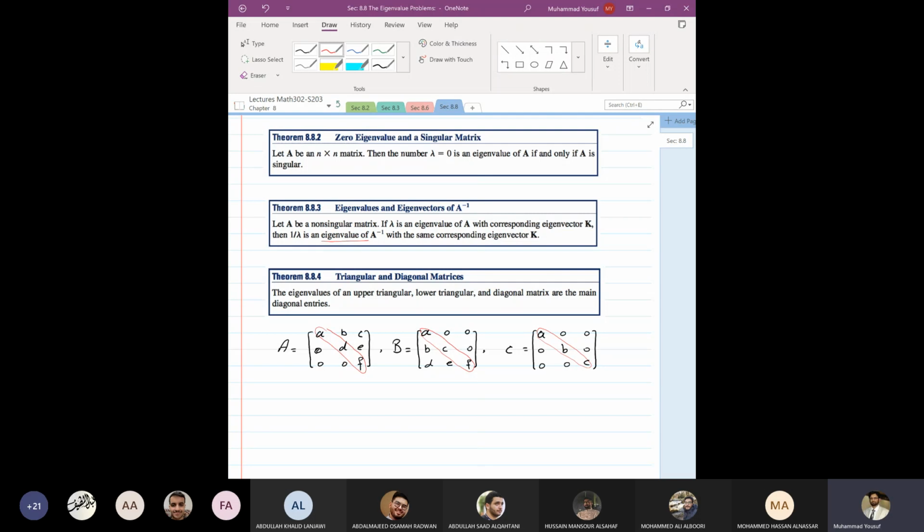And the next section we have in our syllabus is 8.10, which is orthogonal matrices. This is section 8.8, and the next section in our syllabus is section 8.10.